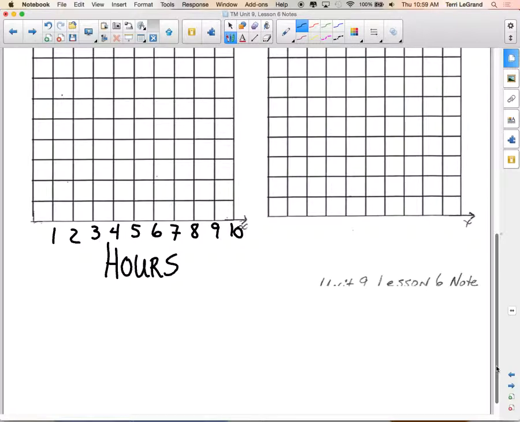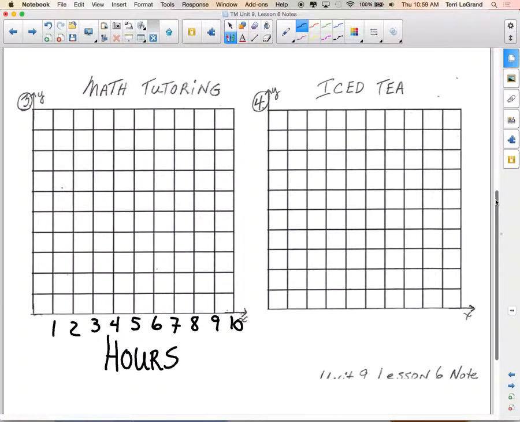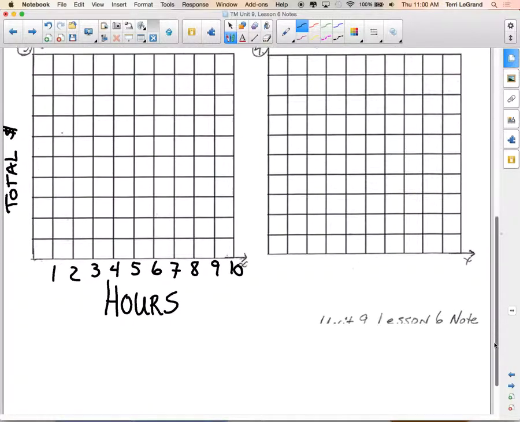Okay, how about the y-axis? What's its title going to be? Total dollars. Okay. So go. You get to turn your paper over to do it. What do you suppose we should pick for a scale for our y-axis?